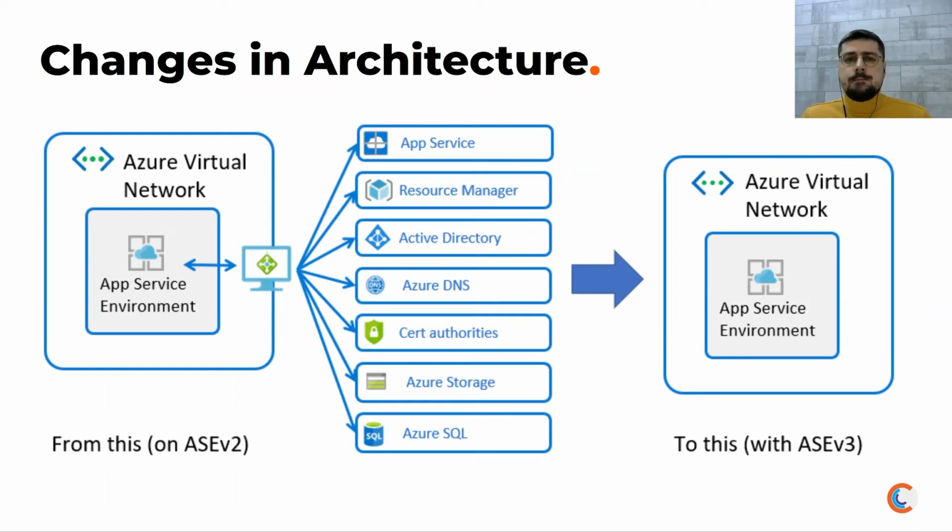Also, ASEv3 has several minor changes in the system architecture that serve to remove all management traffic from the customer VNet. The end result is a single tenant system that has no internet-hosted dependencies in the customer network.